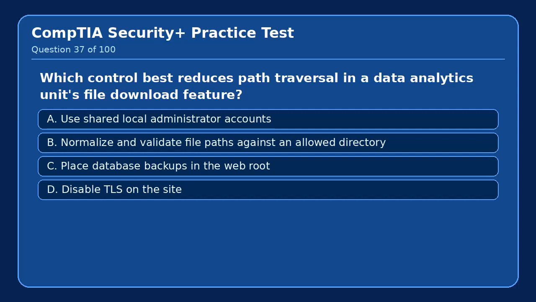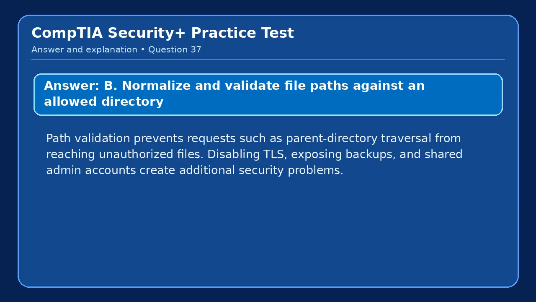The answer is A. Address space layout randomization and data execution prevention. ASLR and DEP make memory exploitation harder by randomizing locations and preventing execution in data regions. Attachment size, flat networks, and DHCP releases do not mitigate memory corruption.